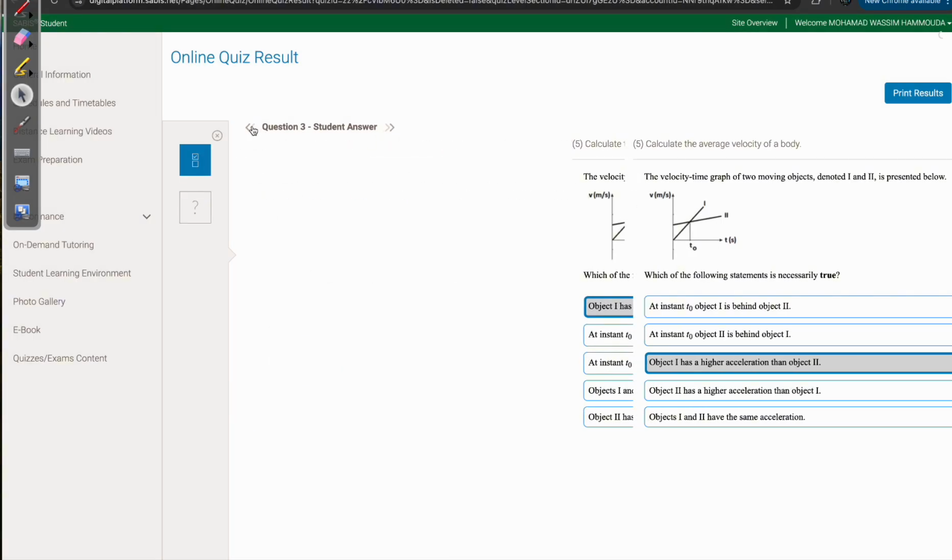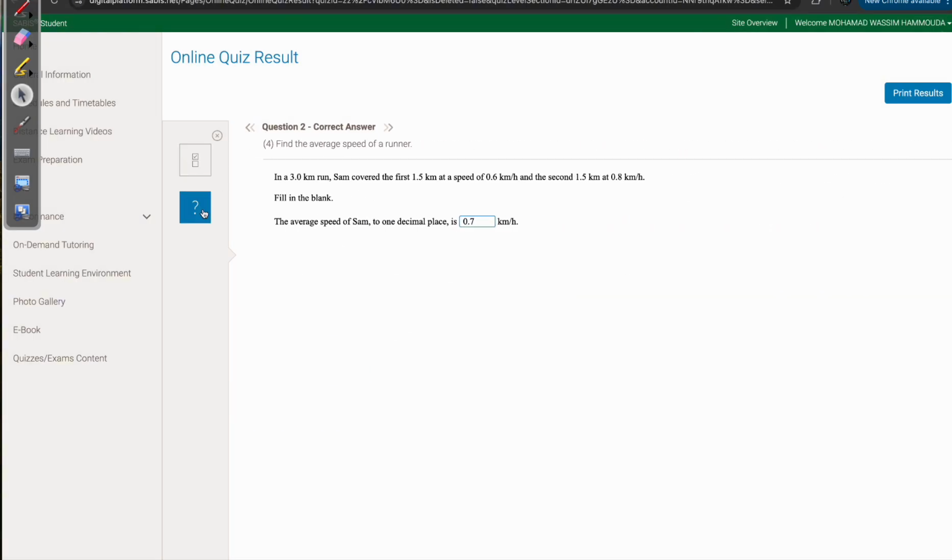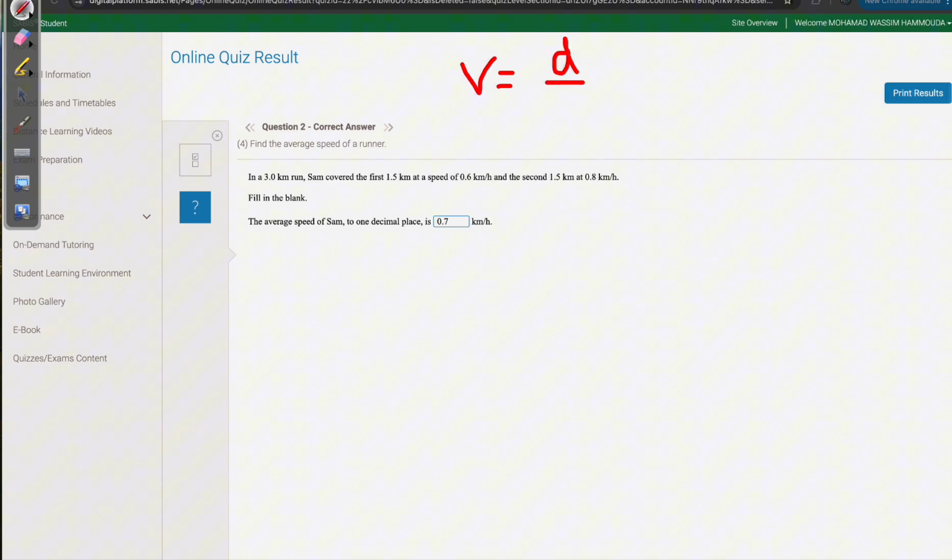Number 2. In a 3-kilometer run, Sam covered the first 1.5 kilometers at a speed of 0.6 kilometers per hour and the second at 0.8 kilometers per hour. So for this one, we know that velocity is equal to distance over time.